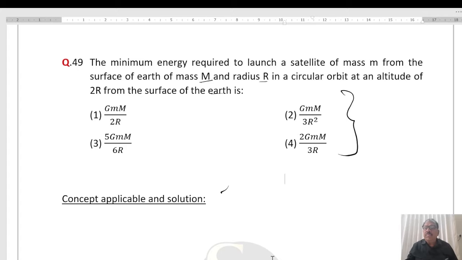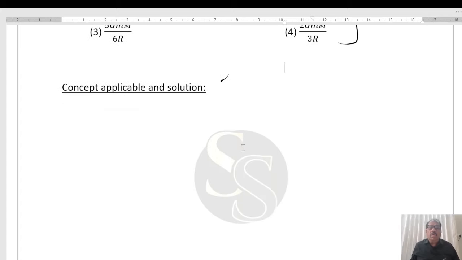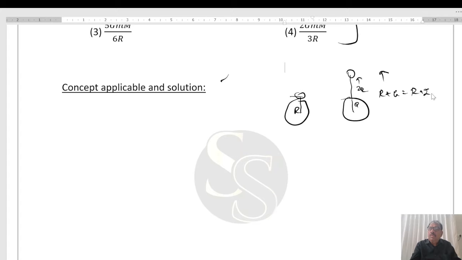Concept applicable and solution. Now, in this case, this is Earth. At the surface of the Earth, initially R. Now it is taken at 2R from the surface. From the center, R plus h will be equal to R plus 2R. That is 3R, right?